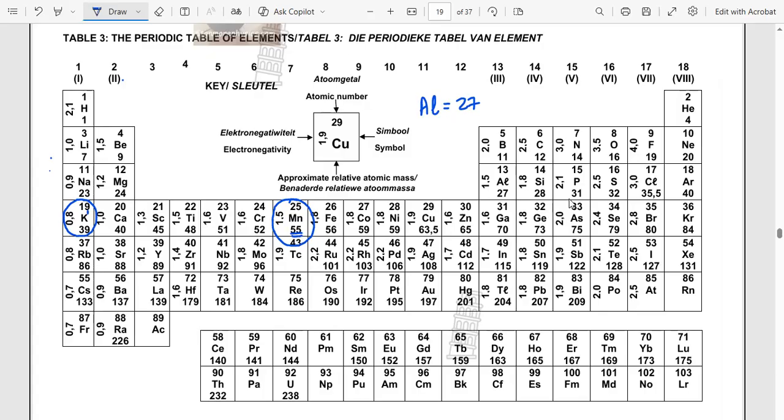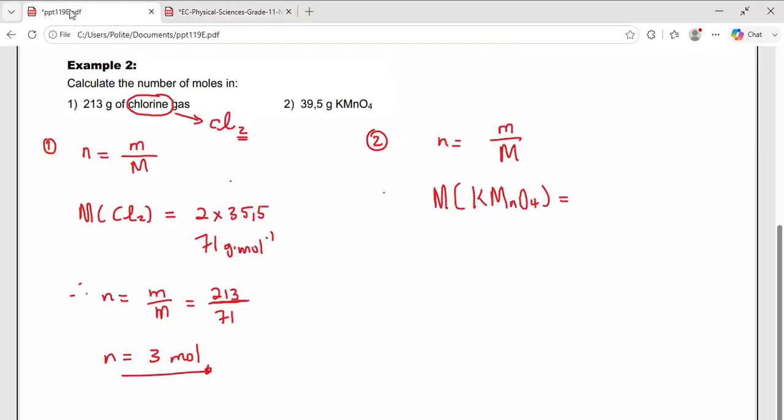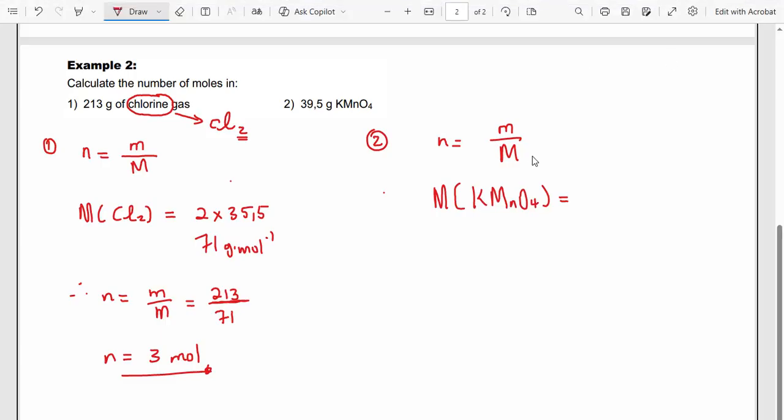And then let's go look for oxygen. That's 16. Okay, so I'm just going to write this down. K was 39, Mn was 55, and the last one is oxygen, which was 16.